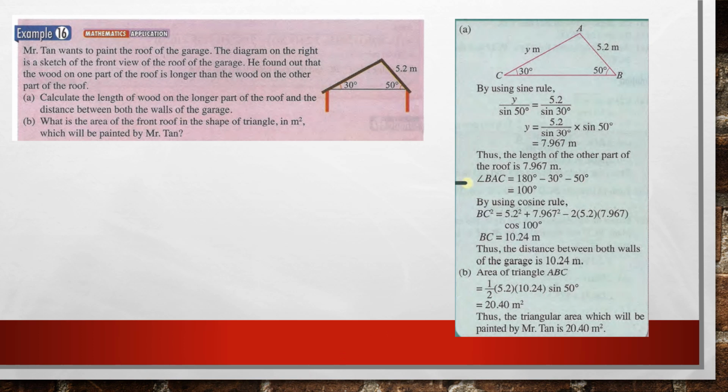Or you want to use sine rule, also can. By using sine rule, it will be BC over sine 100 equal to any of the other pairs that you want to use. Either you want to use AC or AB.